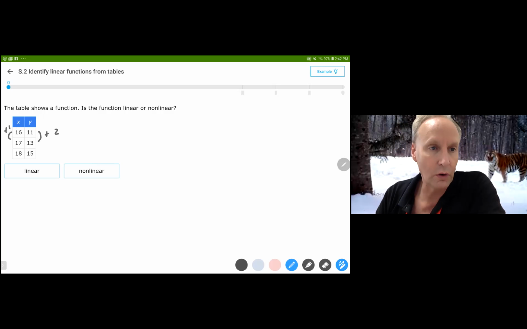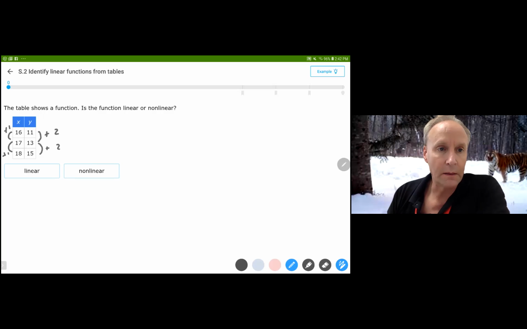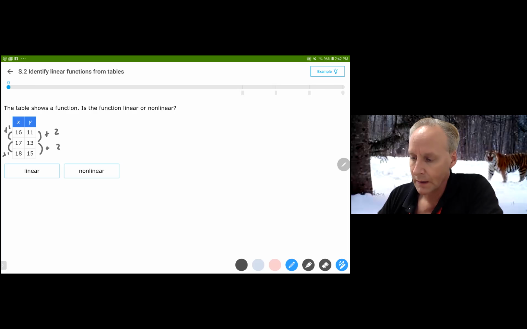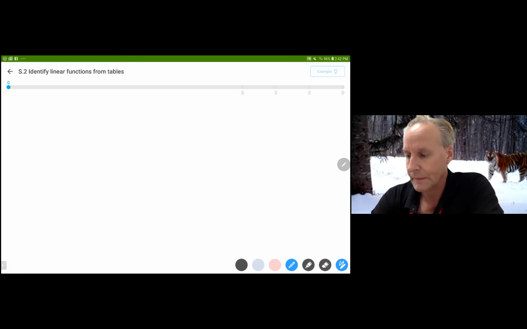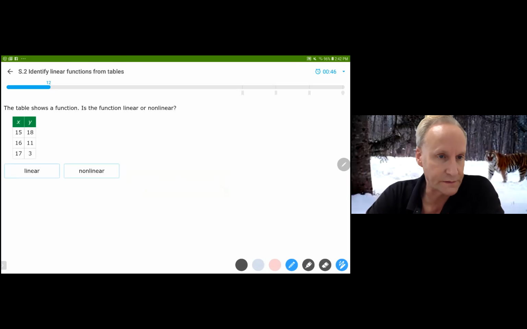So we have a slope of 2, the y's went up 2 when the x's went up 1. And so, yes, this is linear. Both sets of points have the same slope. And that's one way to do this. I'll see if, when I get other problems, maybe there'll be a different way to do this.